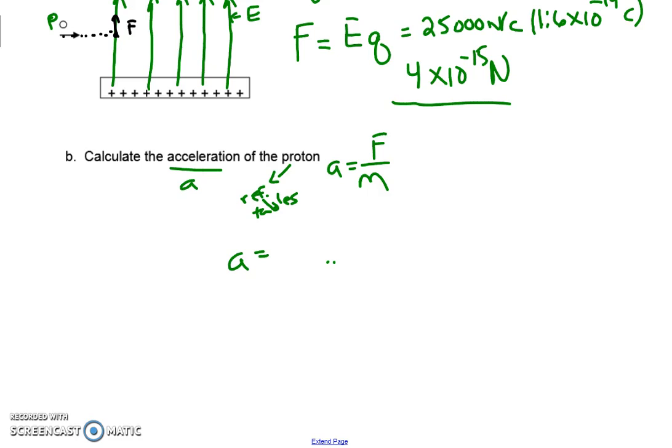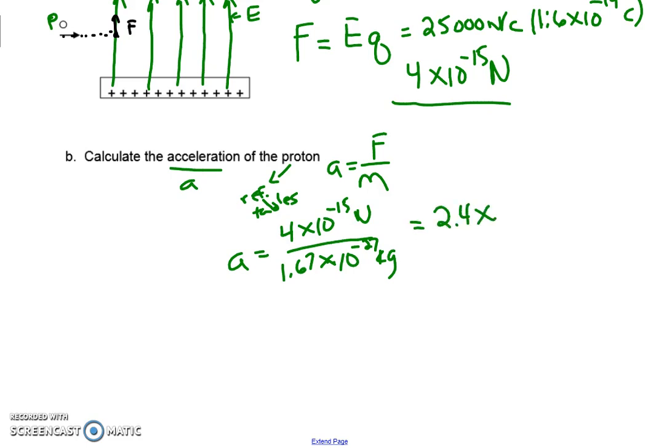So A is F, a very, very small force. So you might think a very small acceleration, but the mass of a proton is 1.67 times 10 to the negative 27 kilograms. That's a really small mass. We divide them out, and we get a perhaps surprisingly large number, 10 to the 12 meters per second squared.